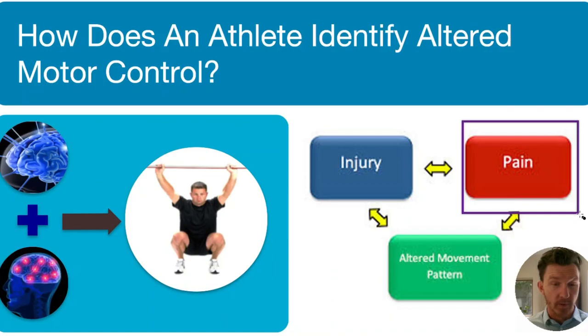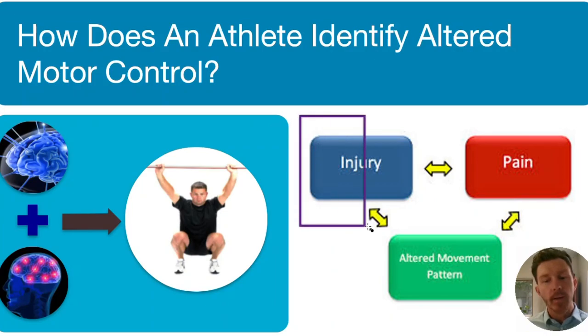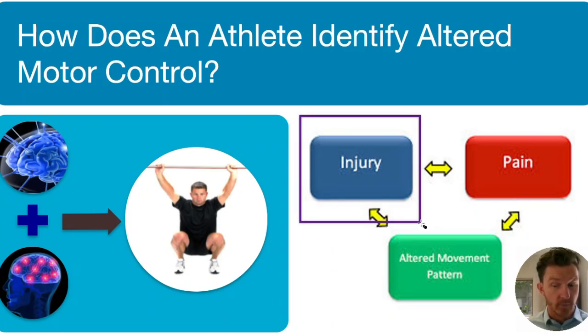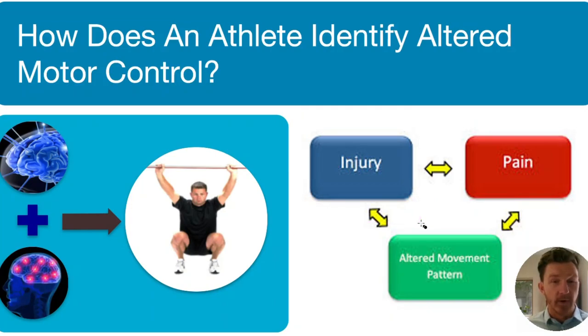That's really what we're looking for with SFMA: situations where there is no pain, but there is an altered motor pattern. It can also lead to injury. Some athletes have an altered motor pattern that's very unique to them and doesn't cause injury, but many have one that needs to be remedied either with coaching or with chiropractic interventions.